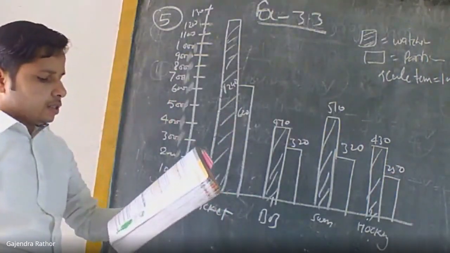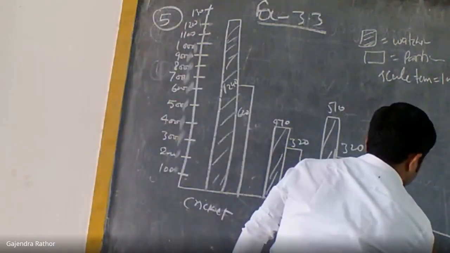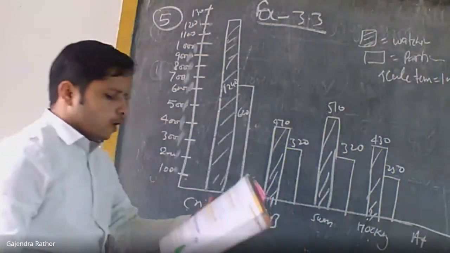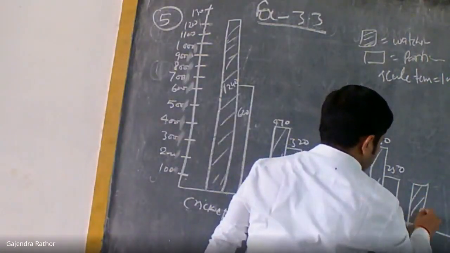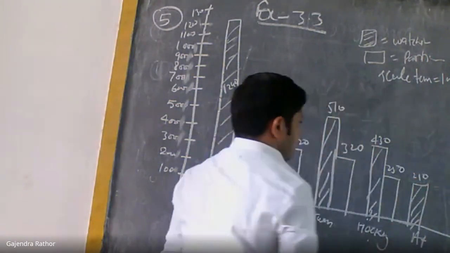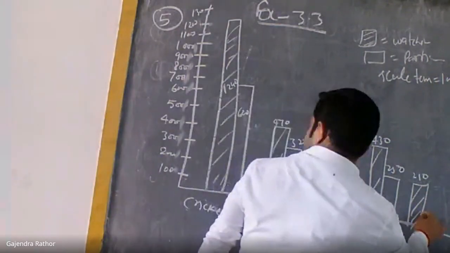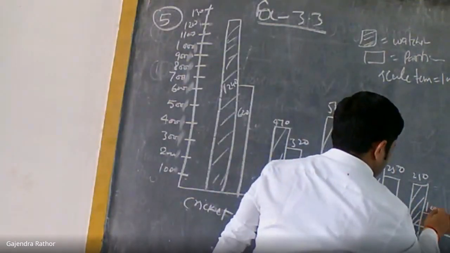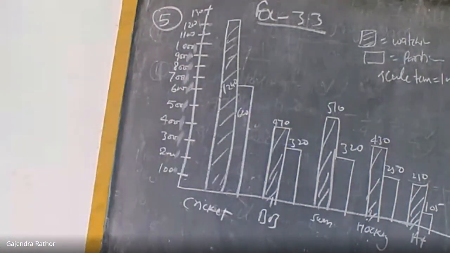The next game is athletics. The number of watching is 250 and the participating only 105. So our required double bar graph is now complete.